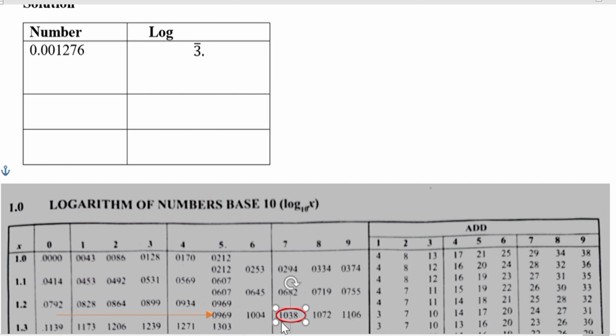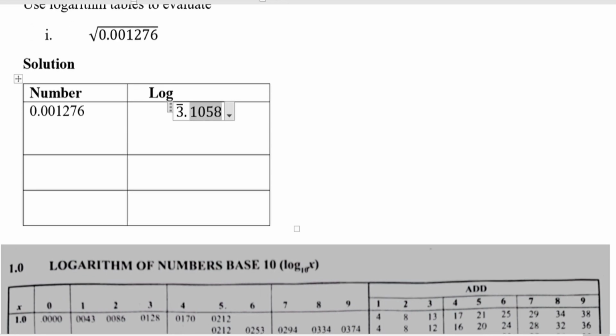So because this number we have read is from the lower row of these 2 rows for 1.2, it means this side here we shall also read it from the lower side. That gives us 20. So that means the mantissa will be 0.1038 plus 0.0020, and that gives us 0.1058, like that.